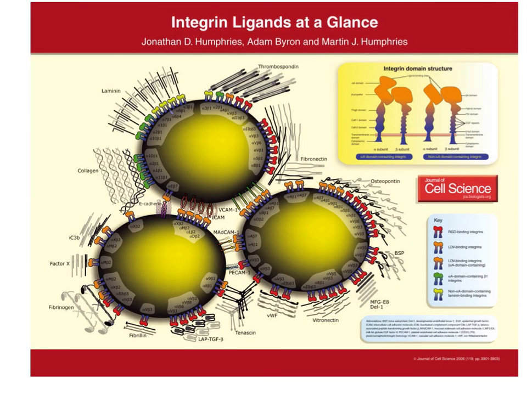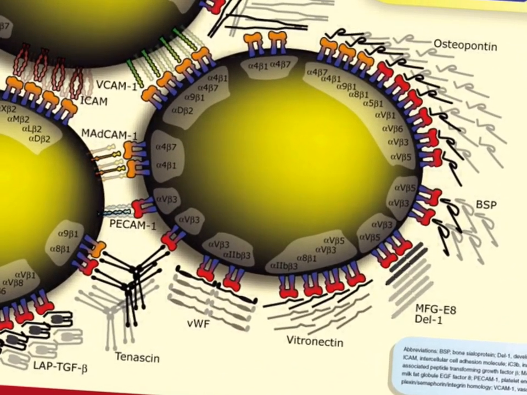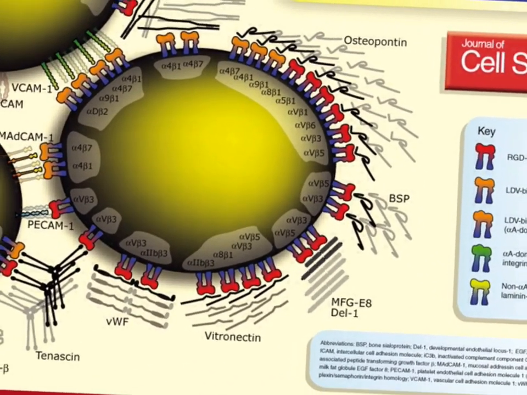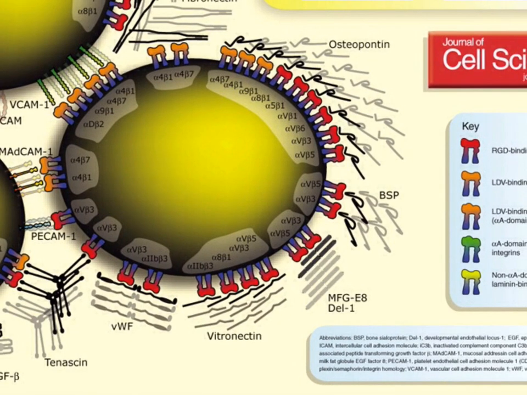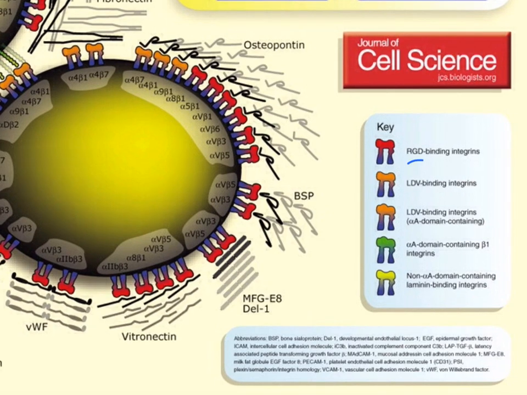So, integrins, all right, just not to overwhelm you, but I'm sure this is a little overwhelming. If I blow this up, I'll show you some of the key. So RGD binding integrins. There are a lot of RGD binding integrins, anything with a red color up here.